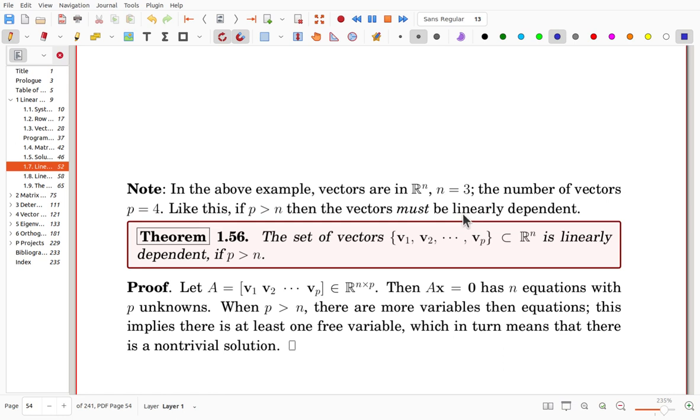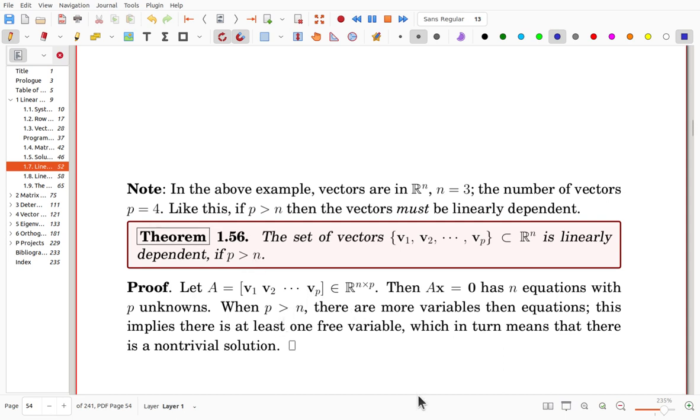Here we write down the observation into this theorem. The set of vectors v1 to vp in R^n is linearly dependent if the number of vectors p is larger than the dimension n.